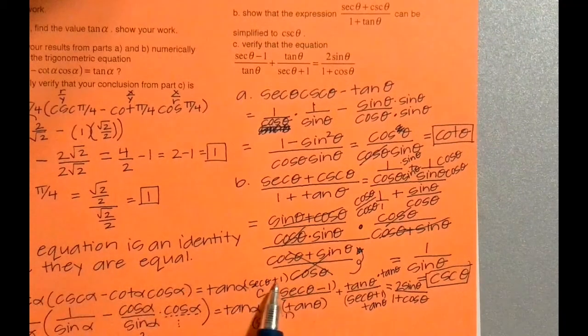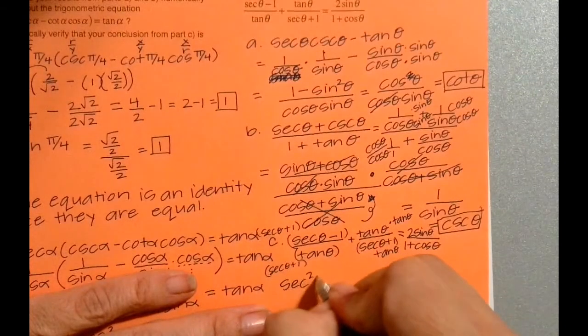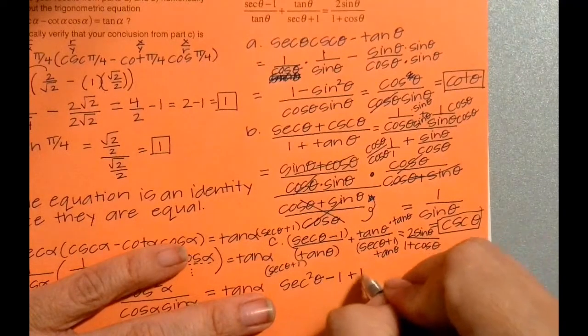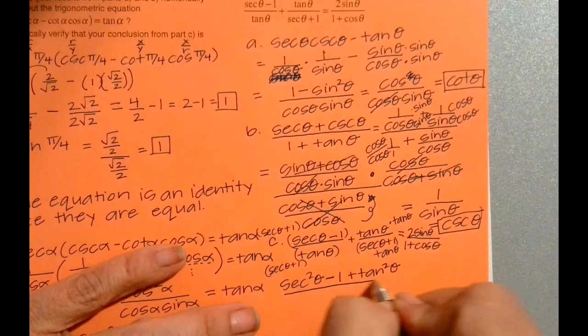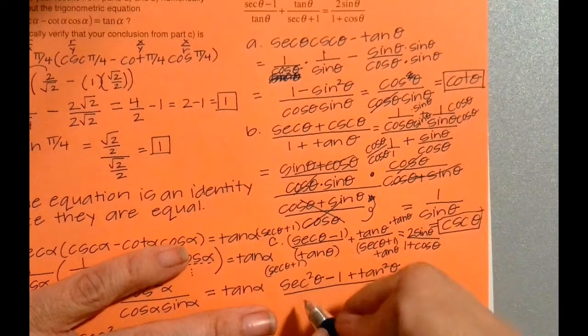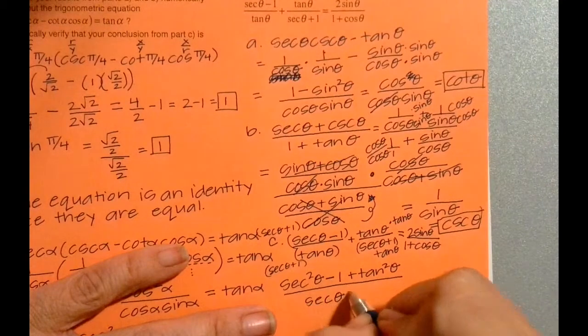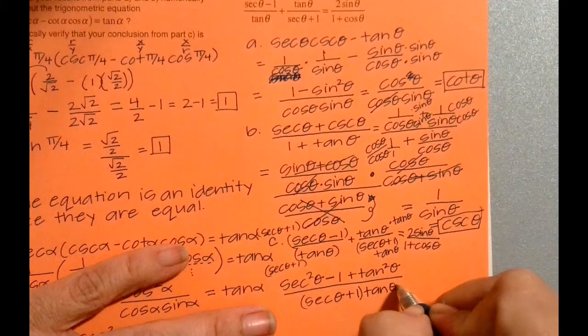Now secant theta plus 1 times secant theta minus 1 is secant squared theta minus 1 plus tangent squared theta all over secant theta plus 1 times tangent theta.